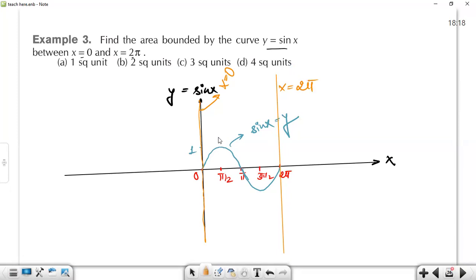Now, whatever area is bounded by these two lines and this curve will be the area which we have to find out. So find the area bounded by the curve y is equal to sine x, between x is equal to 0 and x is equal to 2 pi. So let's consider what area is bounded by these curves.